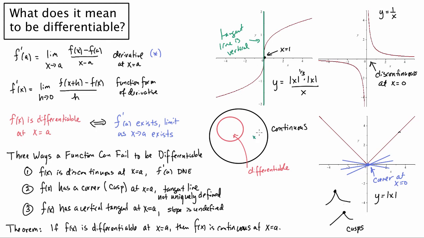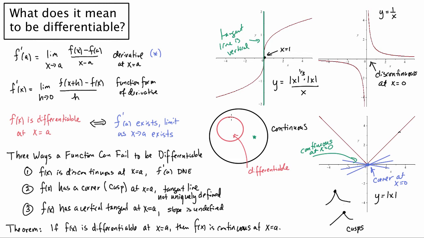For example, that function right there, it's continuous, but it's not differentiable. So you can have continuity without differentiability. For example, here we didn't have differentiability at the point x equal to 0, but this function is actually continuous at x equal to 0. So you can lose differentiability at a corner but maintain continuity. So every differentiable function is continuous, but the opposite of that's not necessarily true.